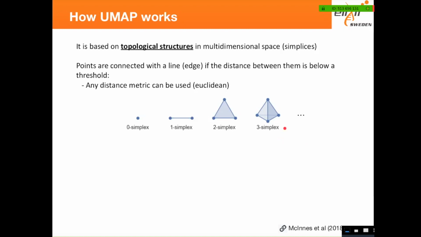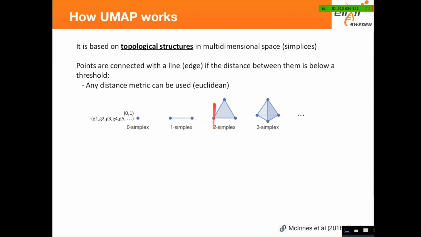So the idea here is that the points can be connected. For example, imagine that you have a point here. It could be 0, 1, or it could be the gene expression, gene 1, 2, 3, and 4, within your multidimensional space as for the other methods. And then you can connect those two. But now, as a topological mathematical structure, these would be considered a simplex. So this is a way to represent this structure.